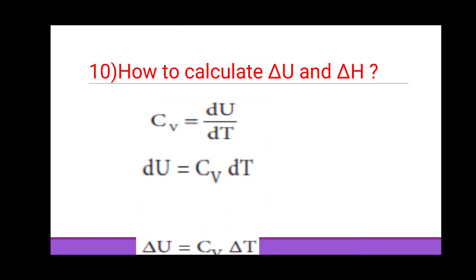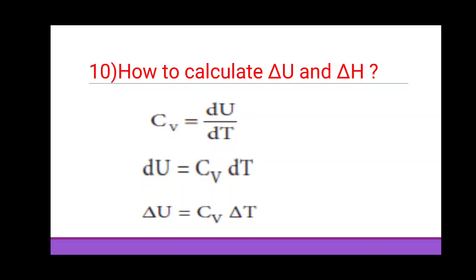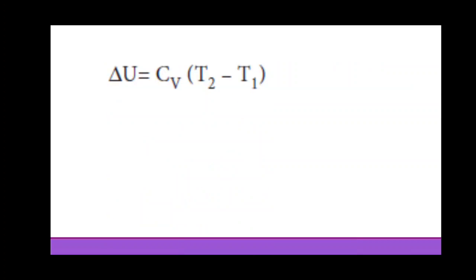The third step, for a finite change, we consider d as Δ. So ΔU equal to Cv ΔT. Now, for the change in temperature, just substitute: ΔU equal to Cv, in the place of ΔT, final temperature minus initial temperature, T2 minus T1.